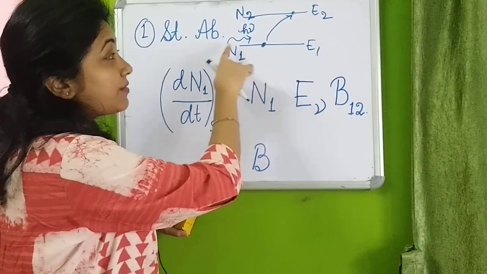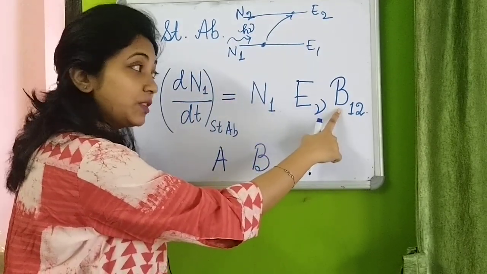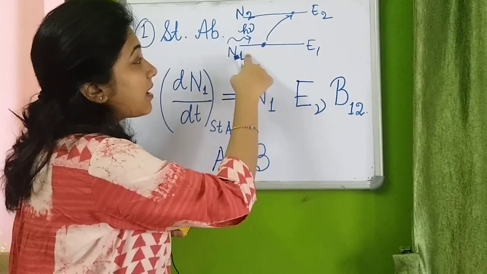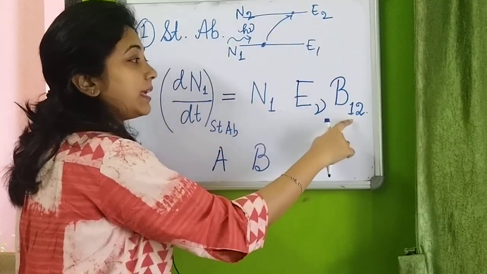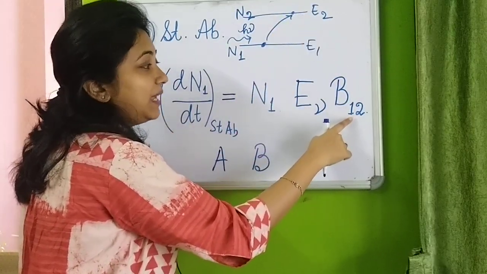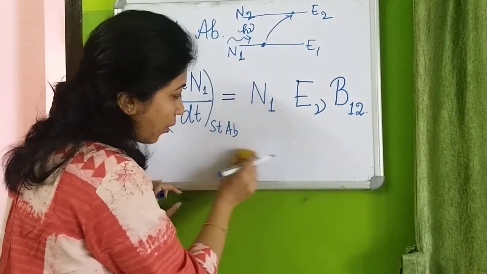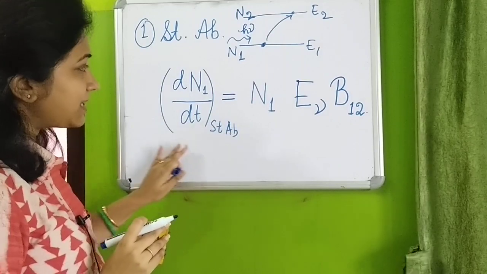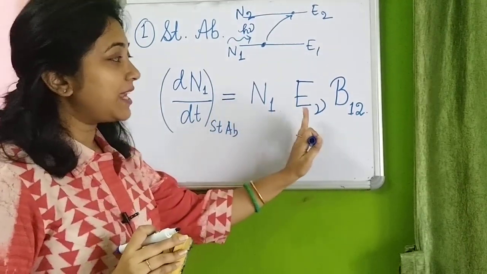In this case, as you have seen, we are providing some energy, so he used the coefficient B. And since the process is occurring from level 1 to level 2, he named it as B12.